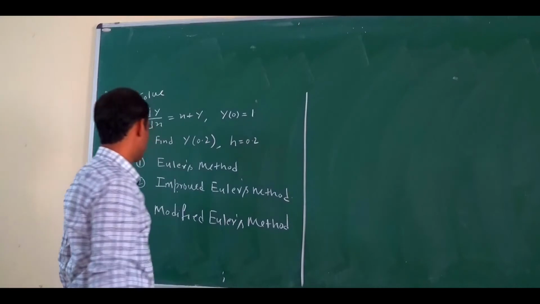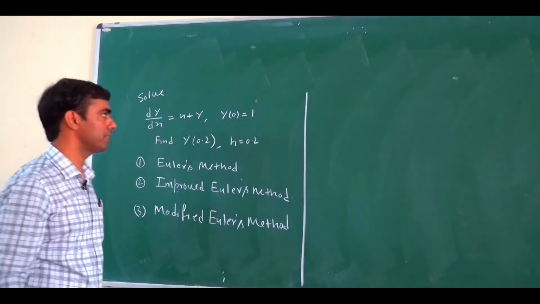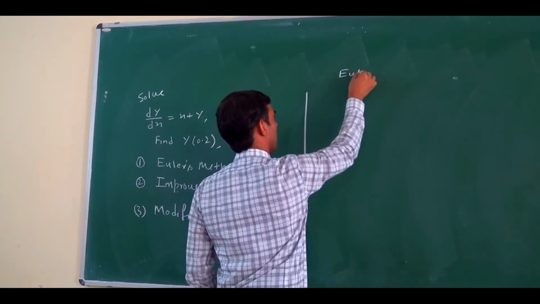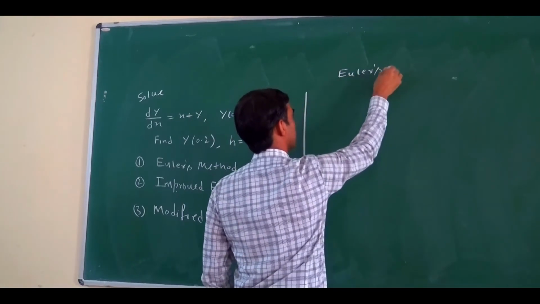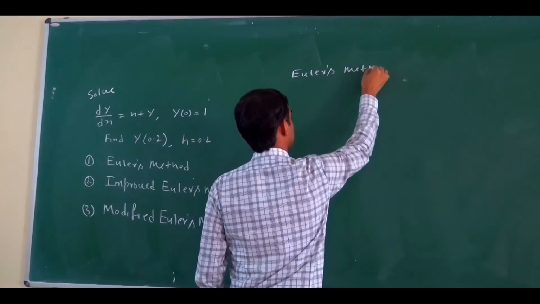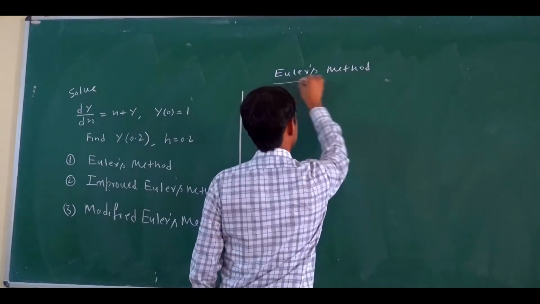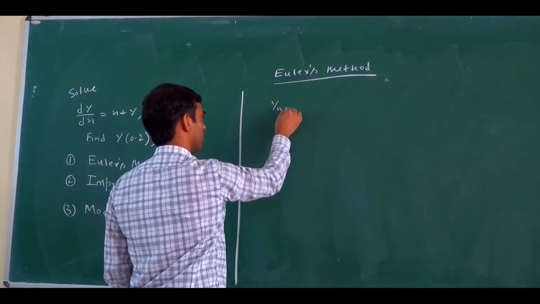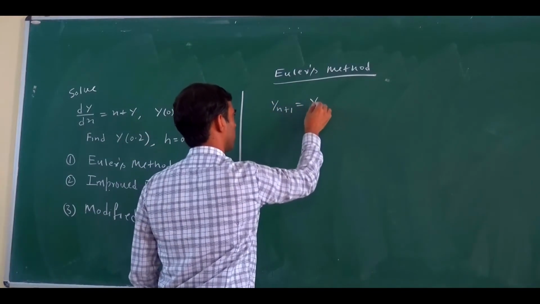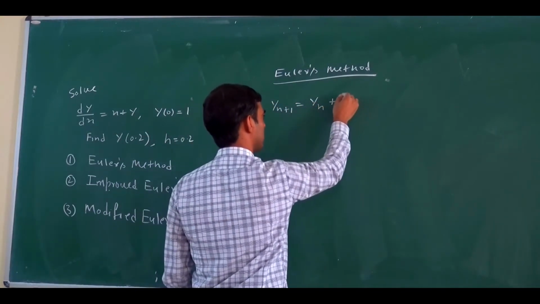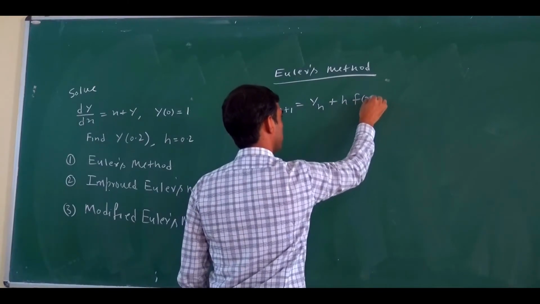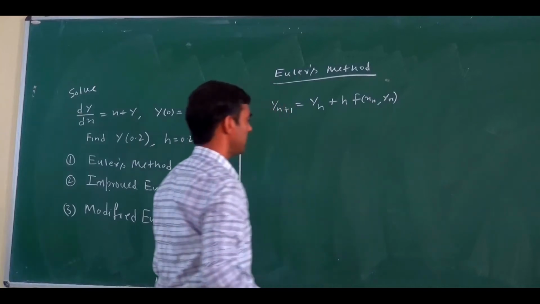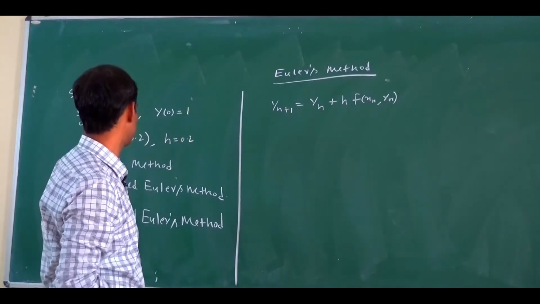Here we use the iterative scheme of Euler's method. What is the iterative scheme of Euler's method? y(n+1) = yn + h f(xn, yn).